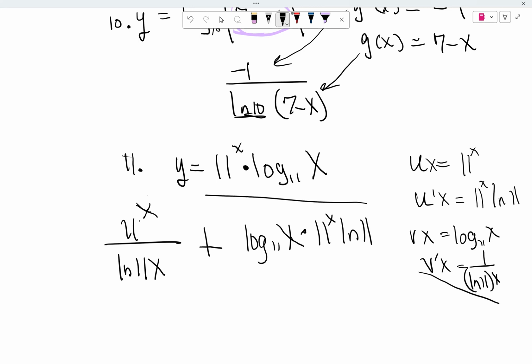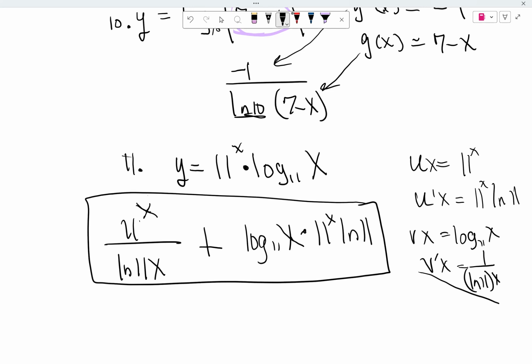All of this is your first derivative. Basically the product rule.